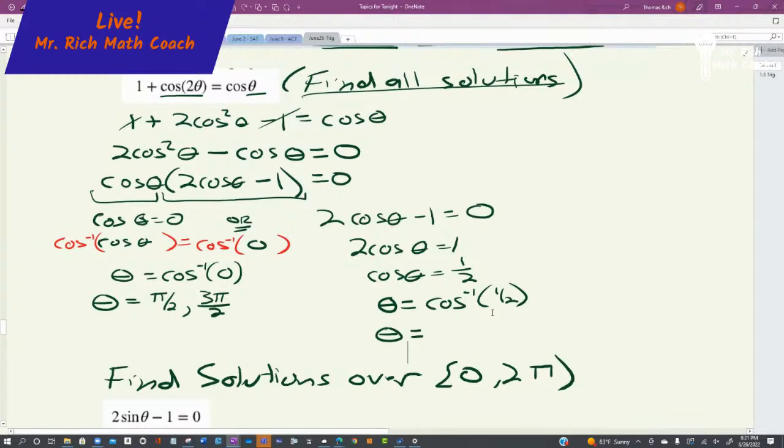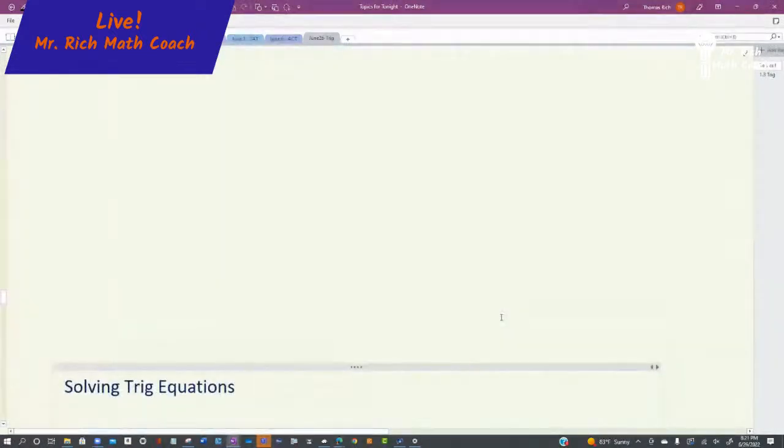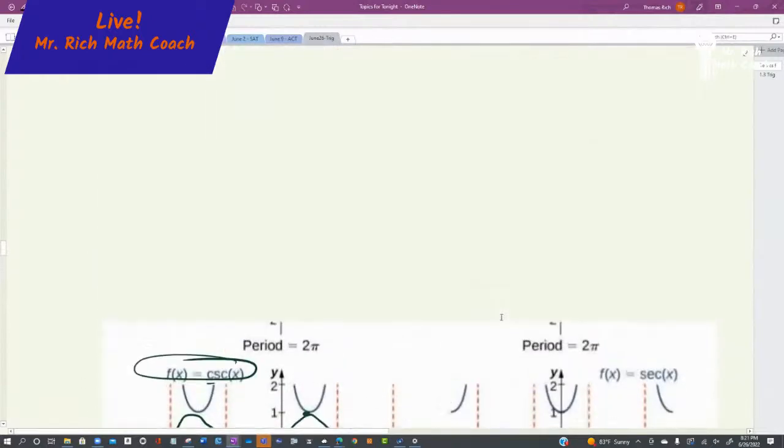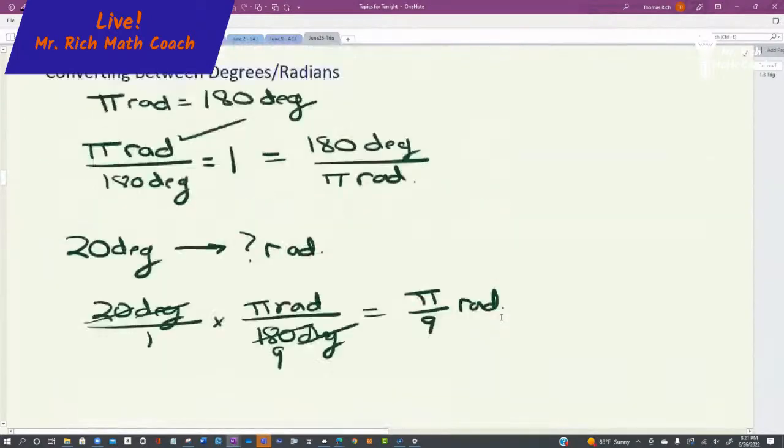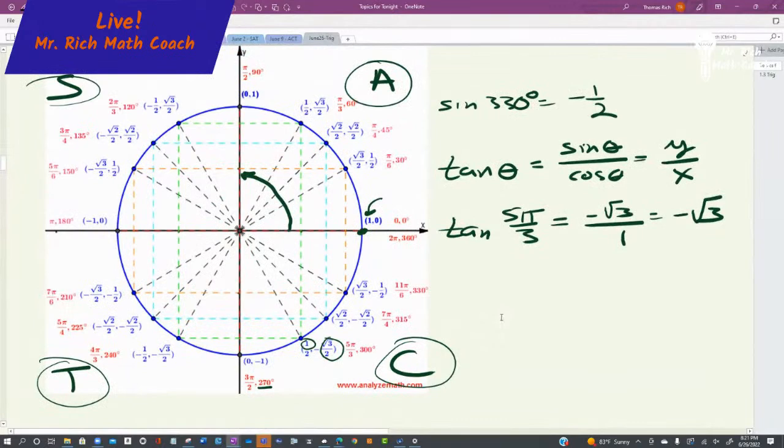Well, where's that going to be? If you go to your unit circle, let's go take a look at it. Where do I have cosine equal to 1/2? Right, so we're up here. Here is cosine being 1/2. That's pi over 3.